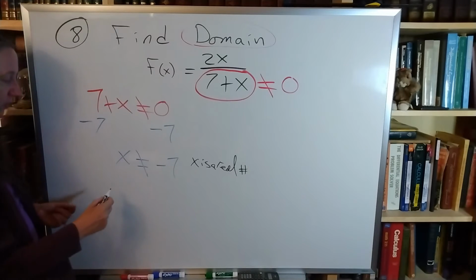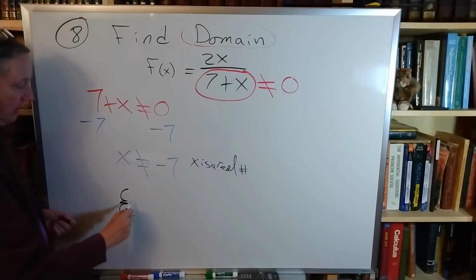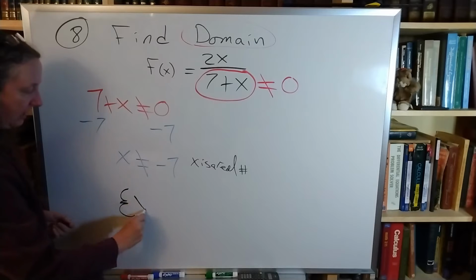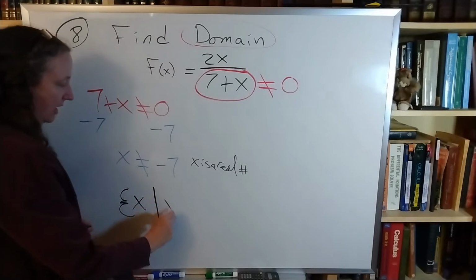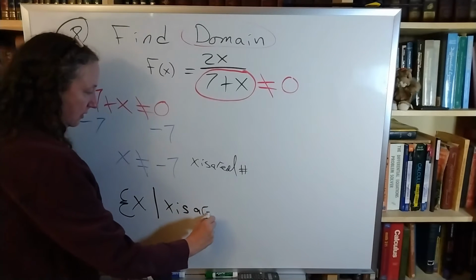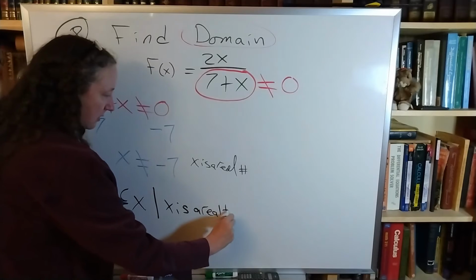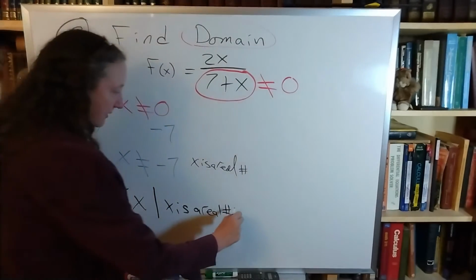For other teachers who are even more strict, you may have to say the set of all numbers x such that x is a real number, comma, x does not equal negative 7.